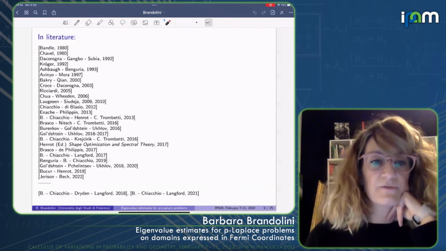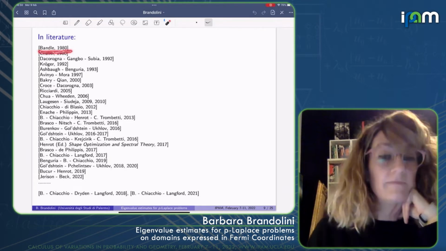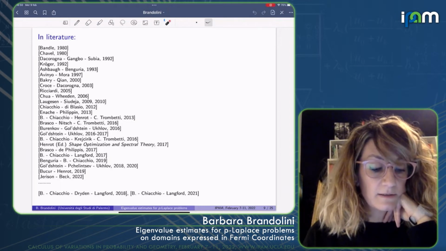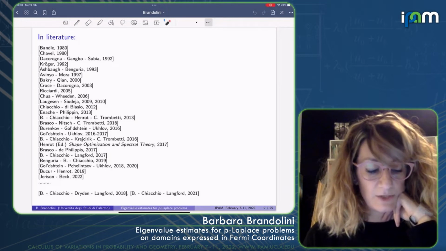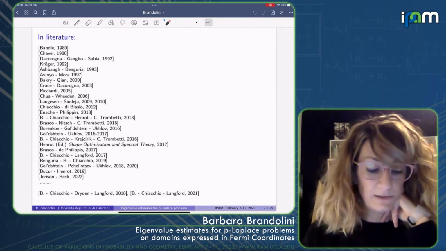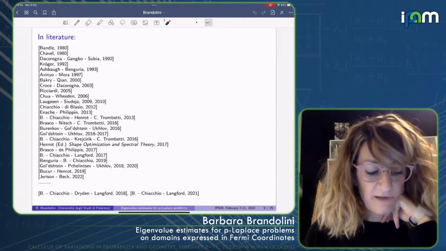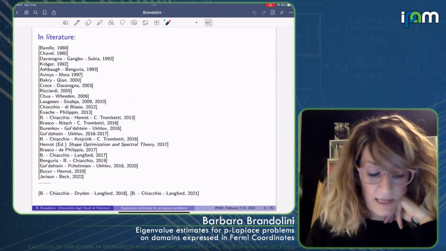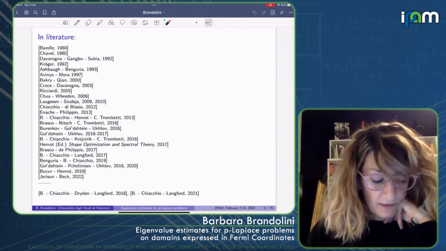Of course, this list is far from being complete, and we can start from the celebrated monograph by Catherine Brandolini in 1980, where the author considered weighted Neumann eigenvalues with a weight on the right-hand side of the equation. Then we can go on with one-dimensional problems with different powers in the Rayleigh quotient between the norm of the derivative and the norm of the test function, or estimates on triangles, estimates for Hermite operators, and so on.